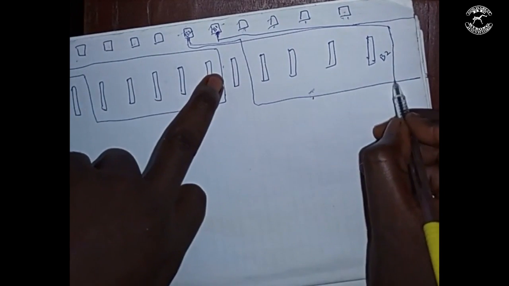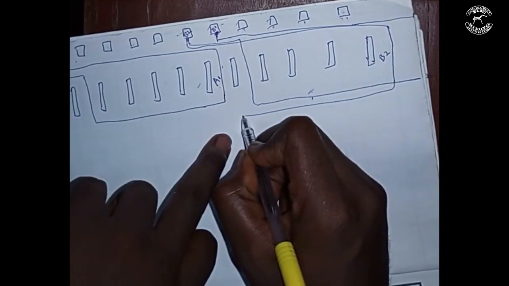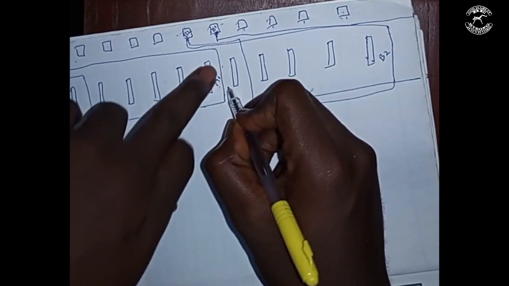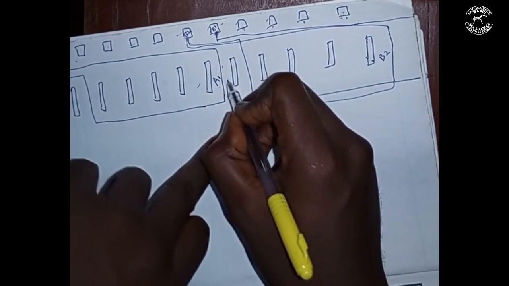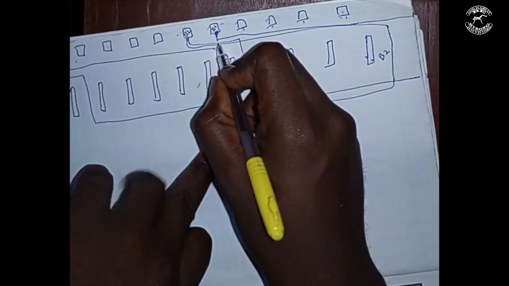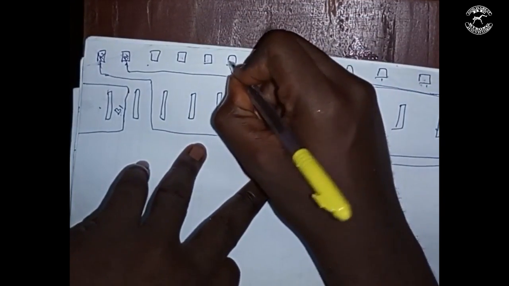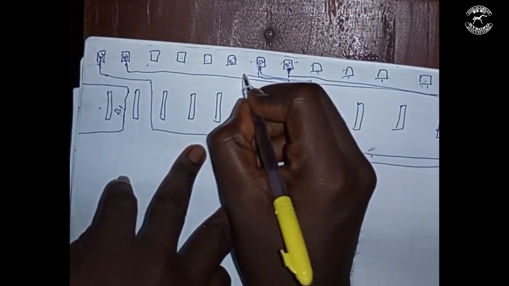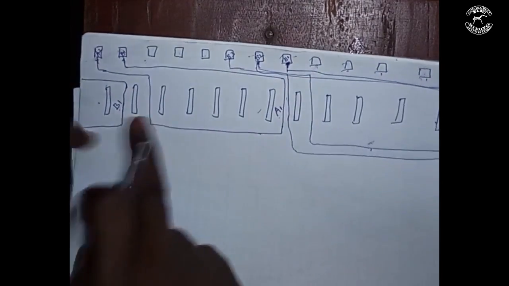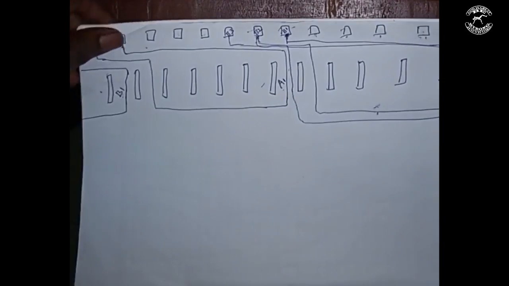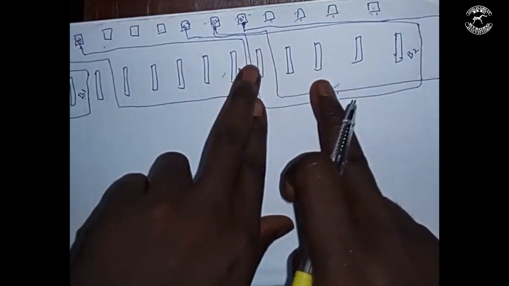As you see, the pitch will now come to where A1 is. So the end of the pitch enters the A1 slot. And then you now connect it to B3. So as you see, I went backwards.